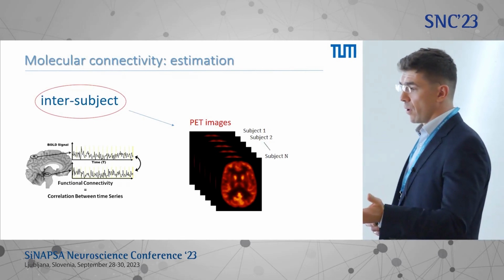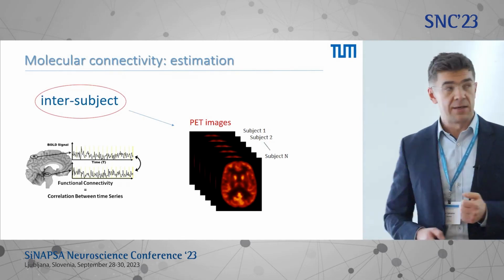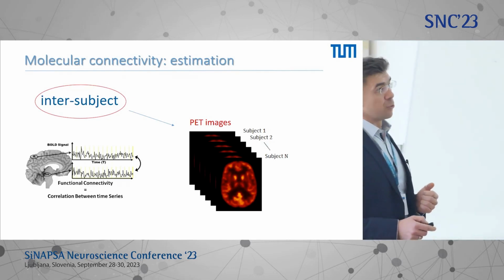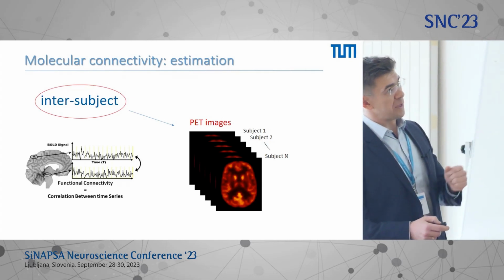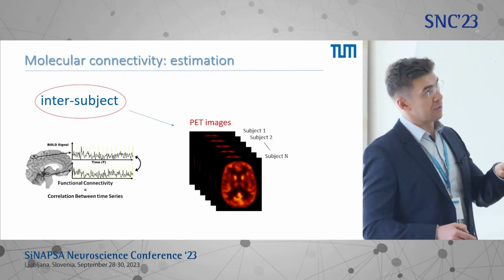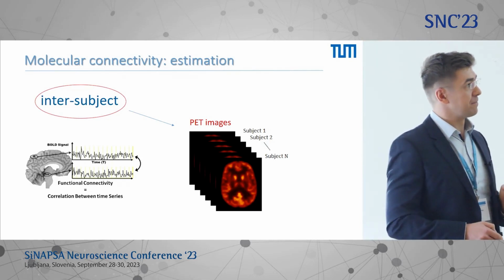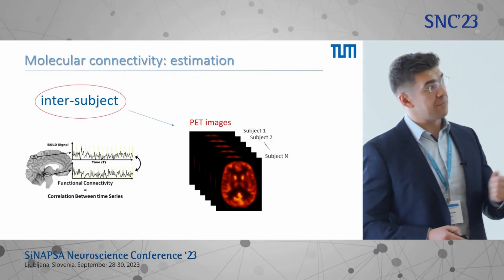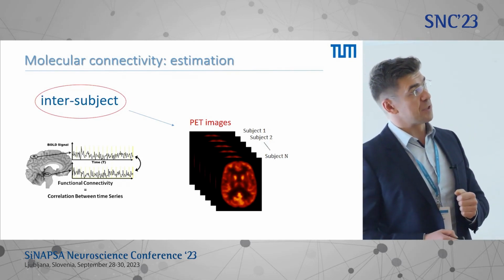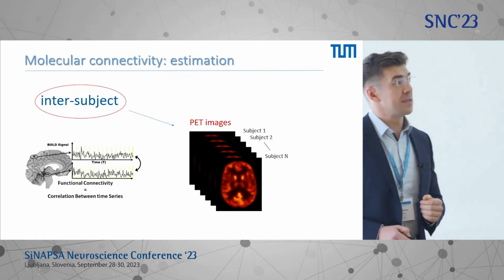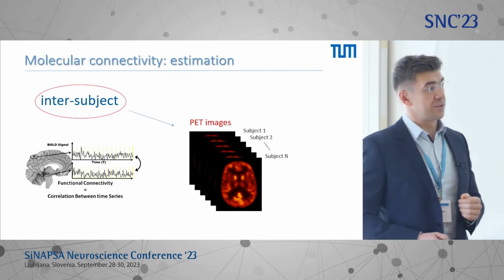It is different for BOLD fMRI, obviously, where you have fluctuations of the BOLD signal, and you assume that two regions are connected if these fluctuations are synchronous between two or more regions. So then you assume a functional connectivity. In PET, we have just one image per subject, and we perform analysis across multiple subjects.